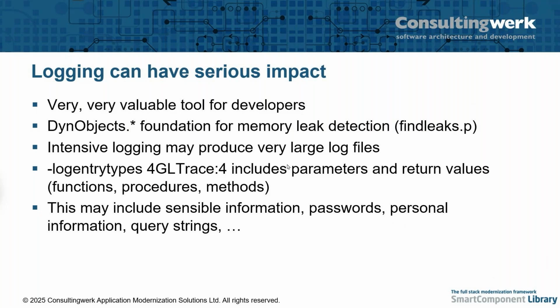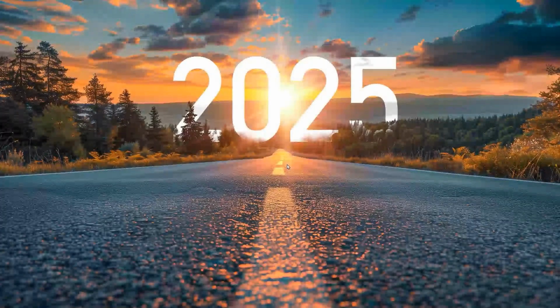If you have queries that search for persons maybe based on their birth dates, you will have the birth date, which is considered personal information, in the client log file. So in a development environment with hopefully test data, not sensitive data, that's okay. In a production environment, that can be a very serious threat for security. So be careful with using the client logging.